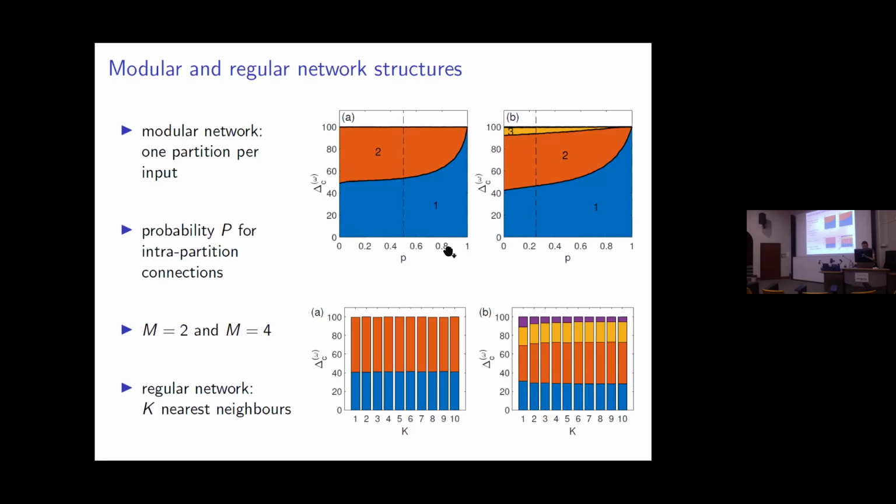That means with p equals 1, we have a situation of a fully modular network, and p equals 0 is, in the case of 2 inputs, a bipartite network. Whereas in the case of 4 inputs, it's only reservoir connections among the partitions, but no connections inside.